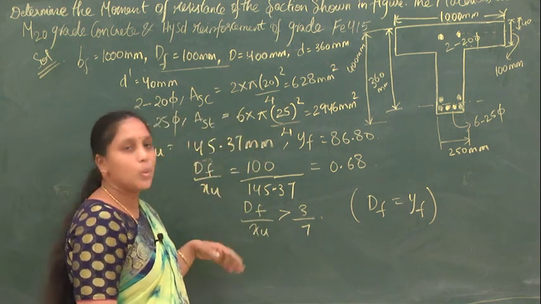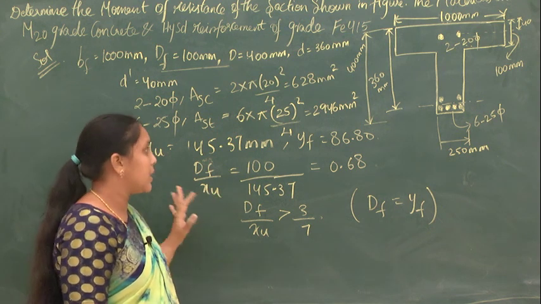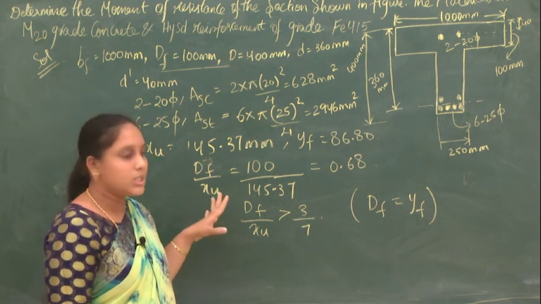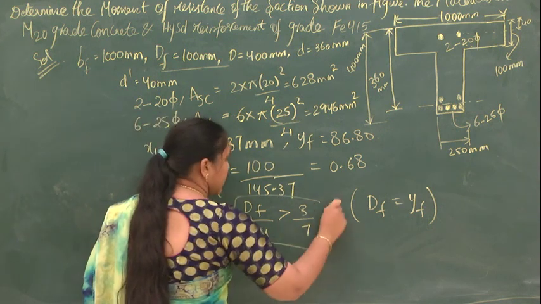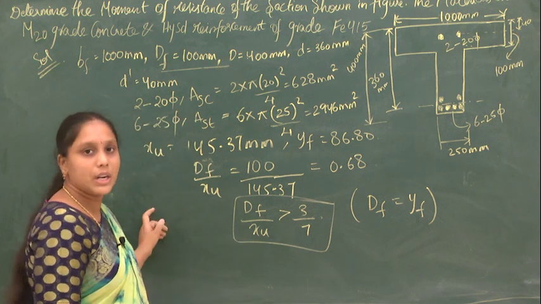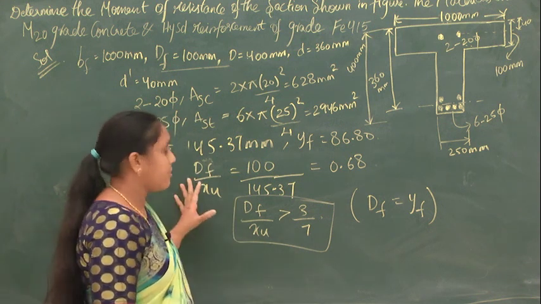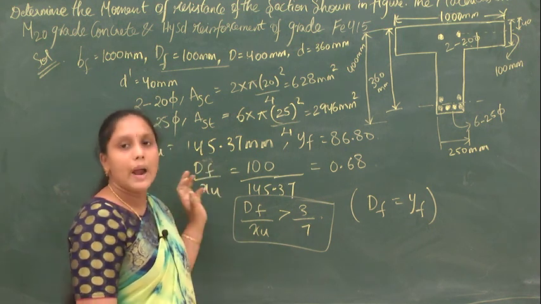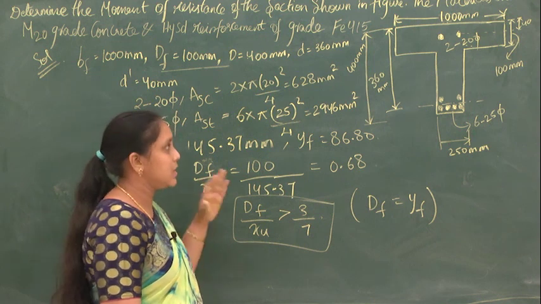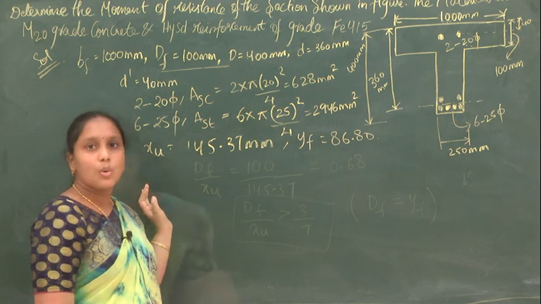Now we have to find the moment of resistance for this particular doubly reinforced T section based on this condition. So we will write down the moment of resistance equation and substitute all the values in it. What is the equation?